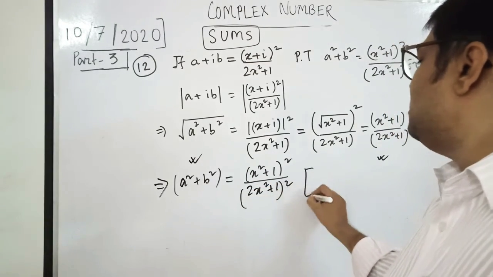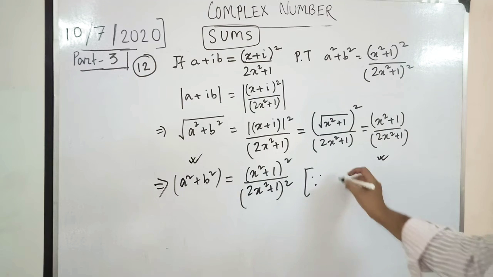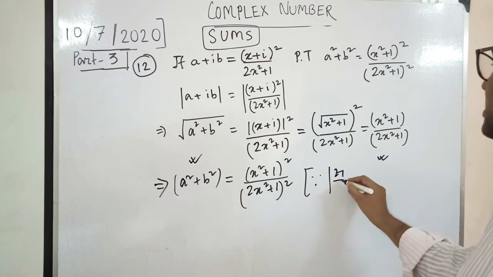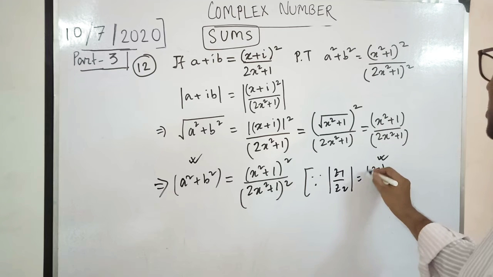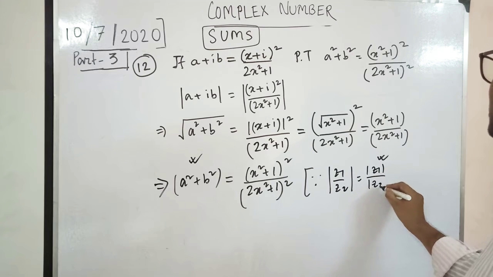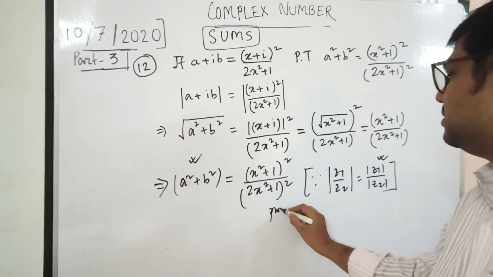But I suggest you please write the properties whatever you are using over here, all those properties I told you earlier: mod of z1 by z2 is broken into mod of z1 and mod of z2. So you write these properties, and this is proved.